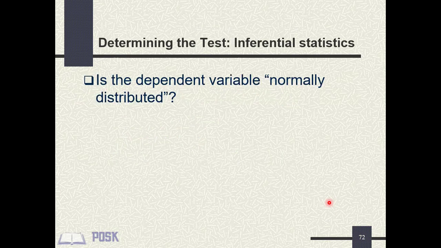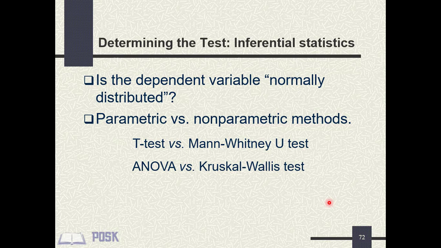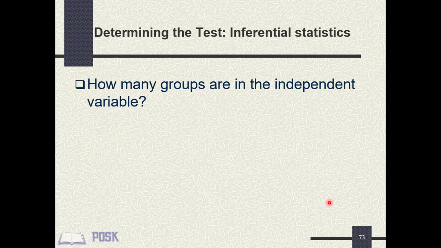Then you should ask about the distribution of the dependent variable. Many parametric tests have non-parametric equivalents. The non-parametric equivalent of t-test is the Mann-Whitney U, and the non-parametric equivalent of ANOVA, for example, is the Kruskal-Wallis test.